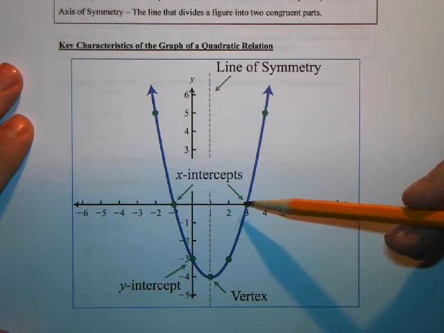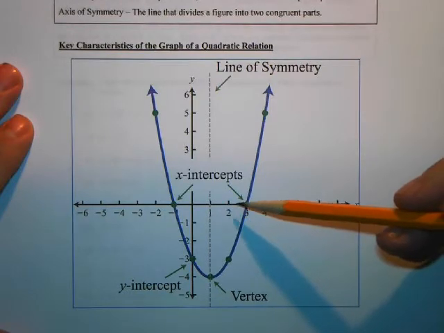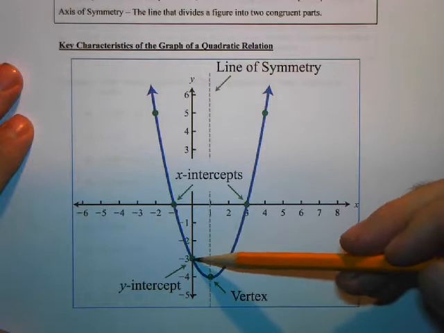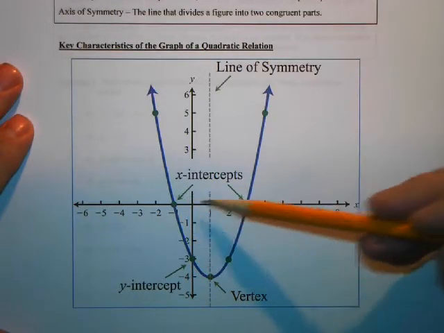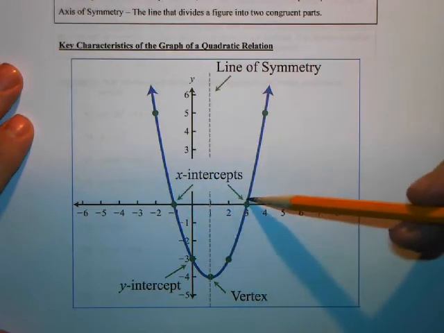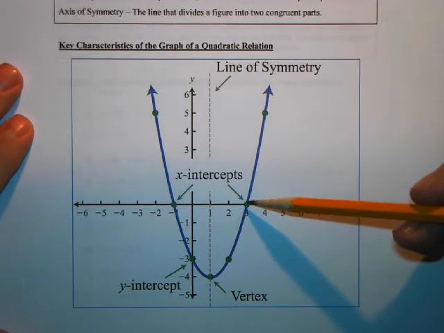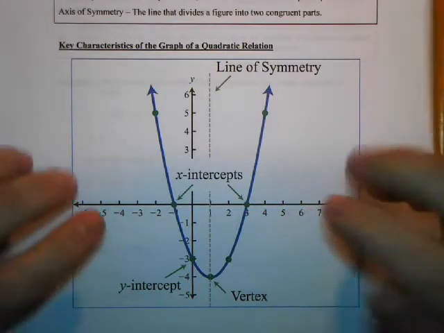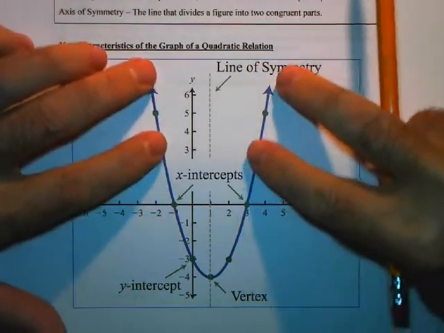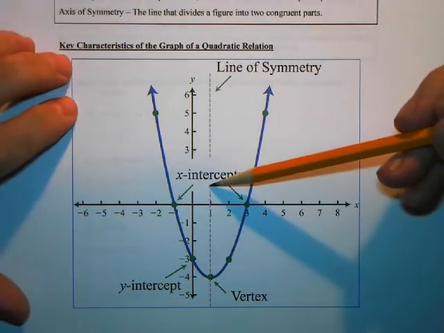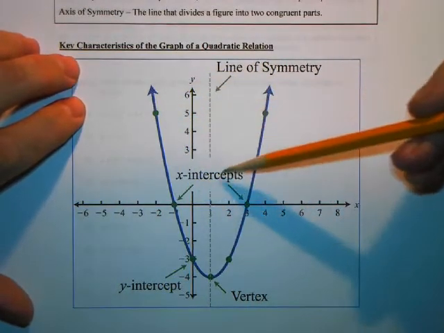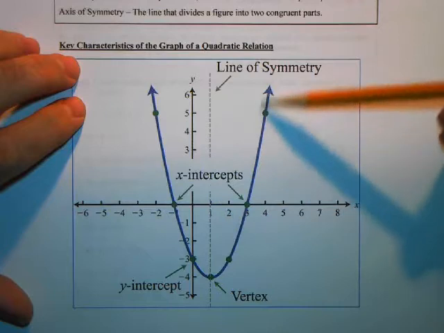Basically a parabola will definitely have one and only one y-intercept, but the number of x-intercepts can change. You can actually have two, like is shown here. You could also have 1, and we'll talk about this later, and it could have 0. If you think about it, if we move this whole parabola up, so the vertex is moving up along here, and the vertex was above the x-axis and it opened up, it wouldn't have any x-intercepts.